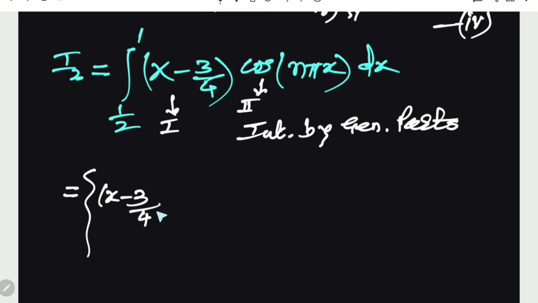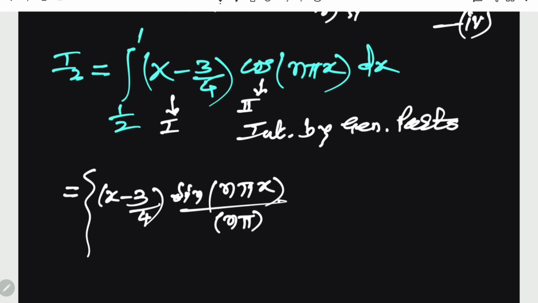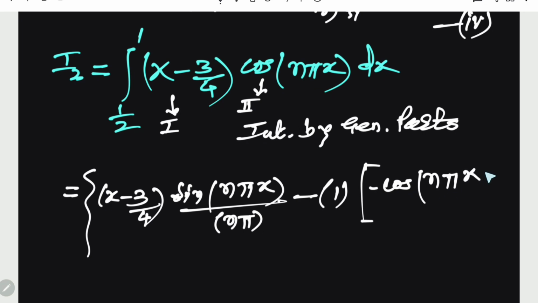First term as it is, no change. Integration of cos is sine n pi x whole divided by n pi, then minus derivative of x minus 3 by 4 is 1, and integration of sine is minus cos n pi x whole divided by n square pi square.